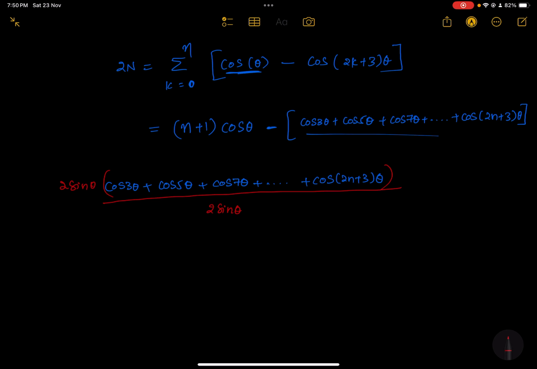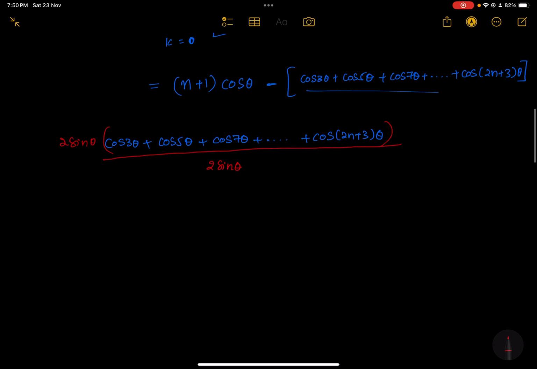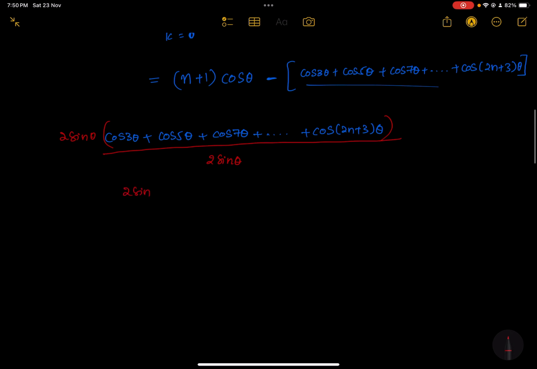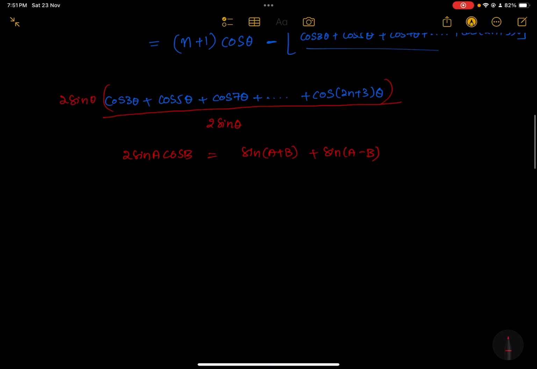Now each term is in the form of 2 sine a cos b, which will be sine (a plus b) plus sine (a minus b). Here a is theta, and b for the first term is 3 theta, for the second term is 5 theta, and so on.